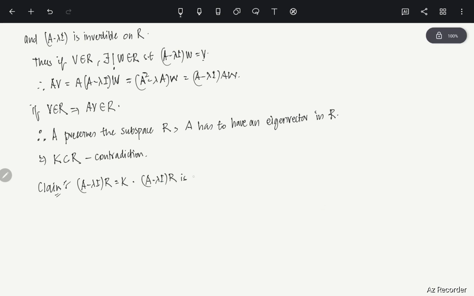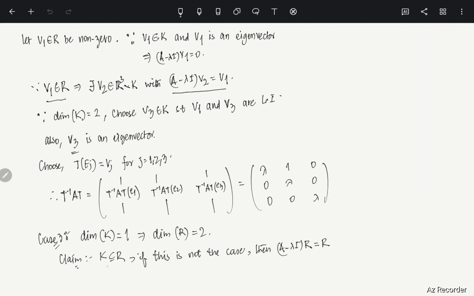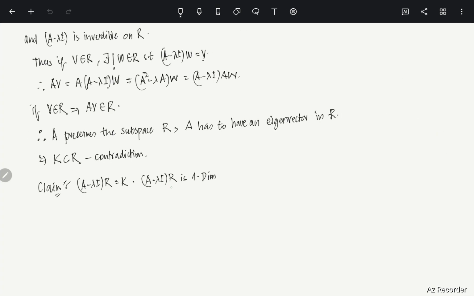Why one dimensional? Because you see, K is contained in R, right? This is the claim which we proved earlier. Of course A minus lambda I times R is one dimensional, since K is contained in R.